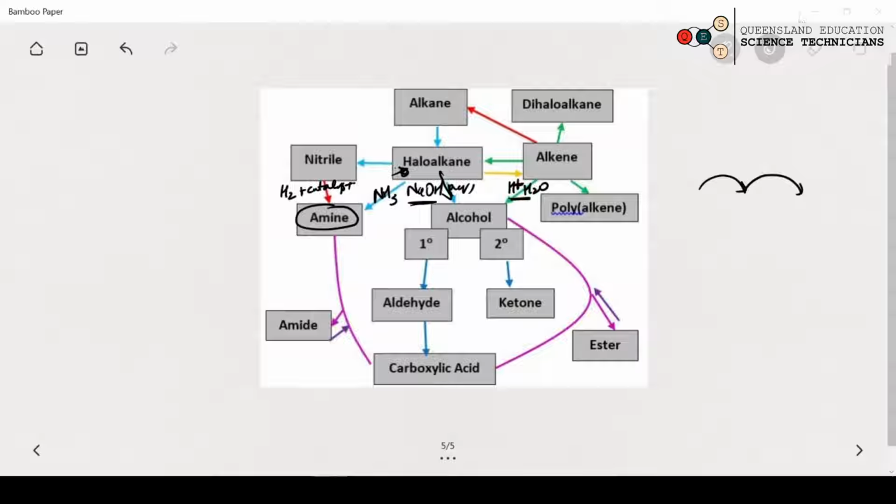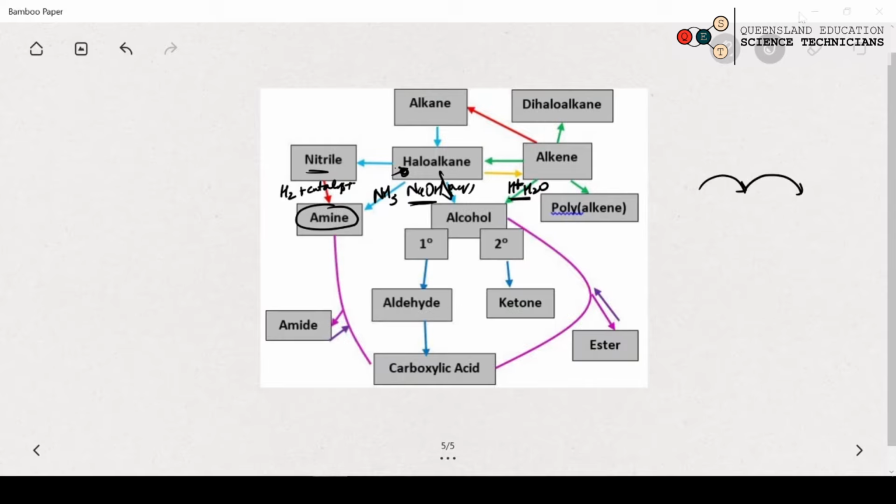If you were told it had hydrogen as a reactant, it's come from the nitrile. With our alkanes, we can make our alkanes from our alkenes, or we can make a dihaloalkane.